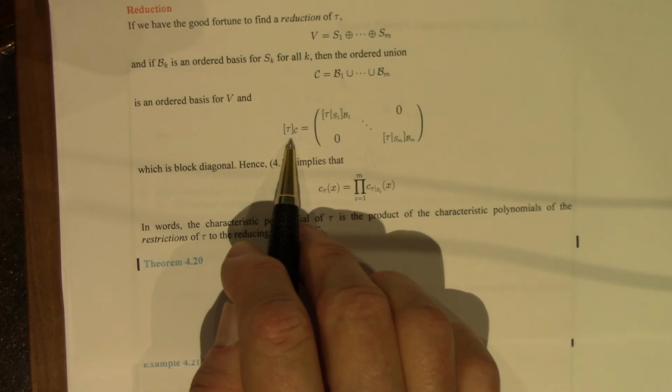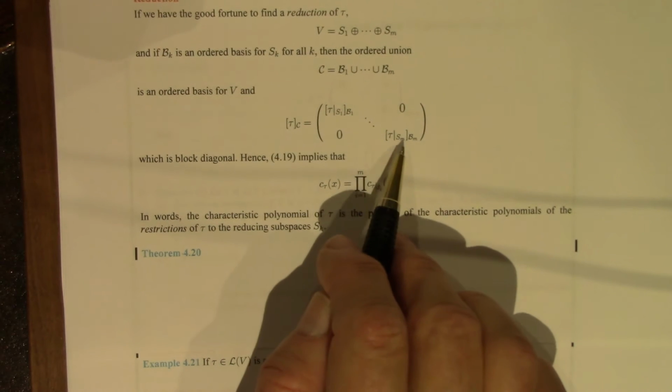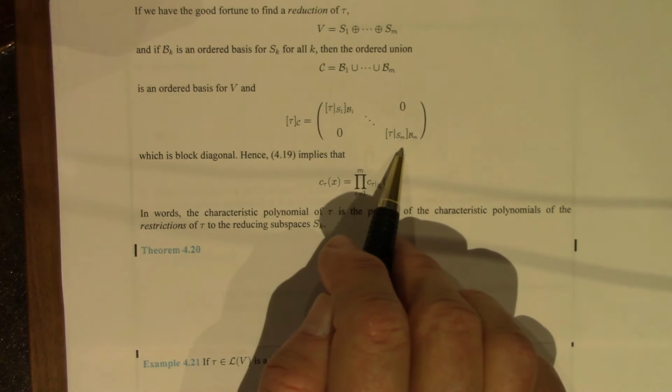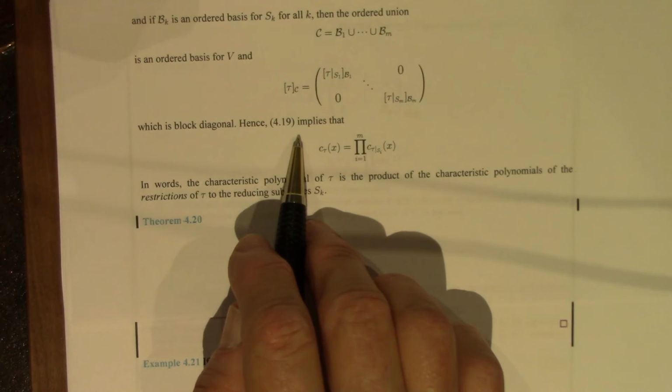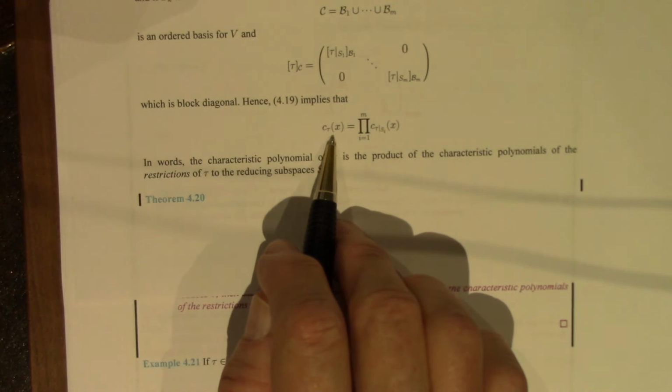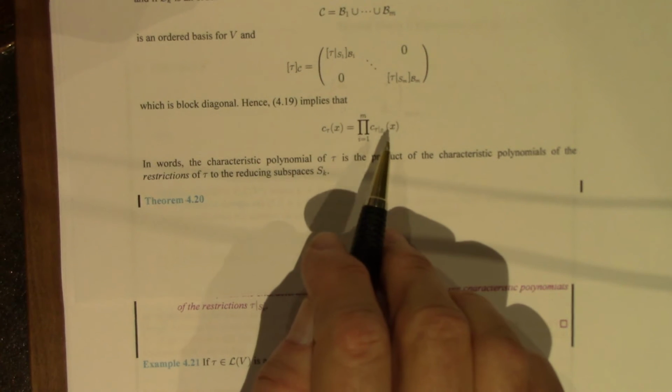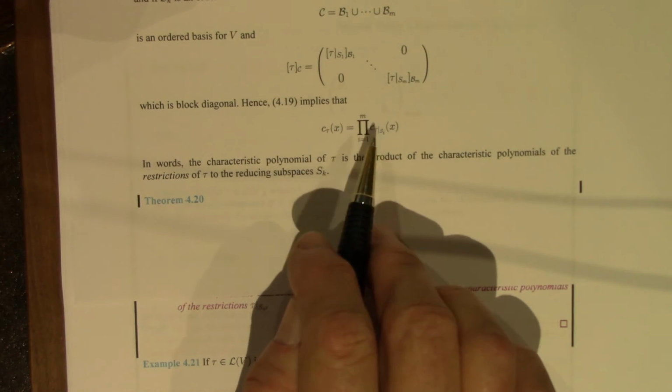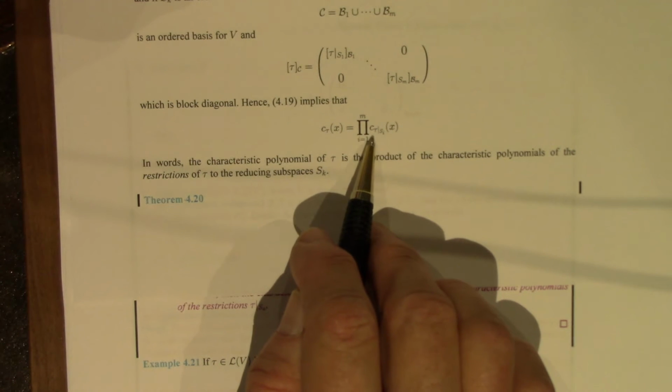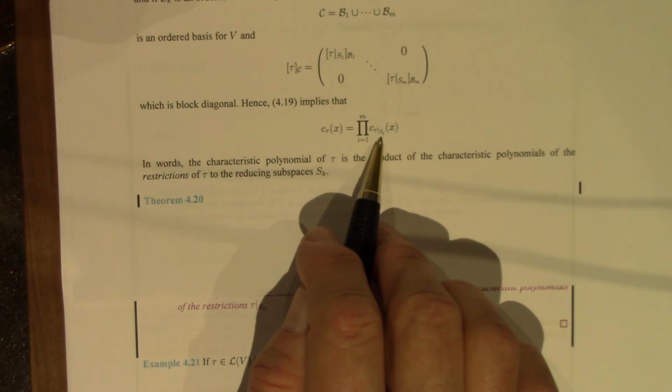And the matrix of tau with respect to that basis is now block diagonal. And so the characteristic polynomial of tau is the product of the characteristic polynomials of the restrictions.